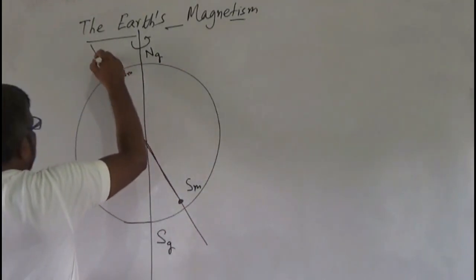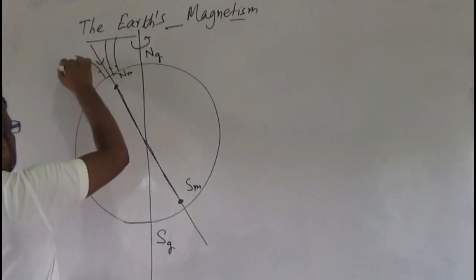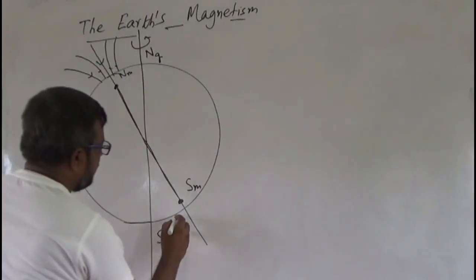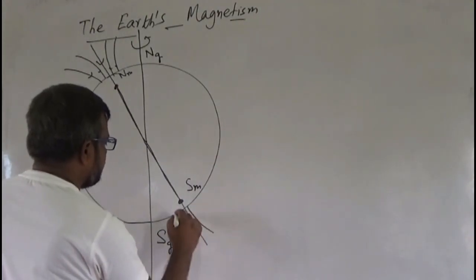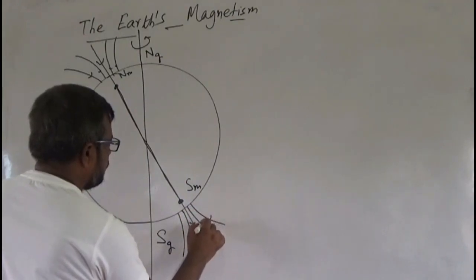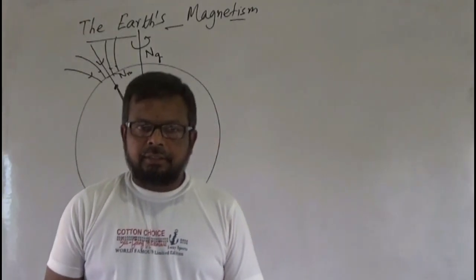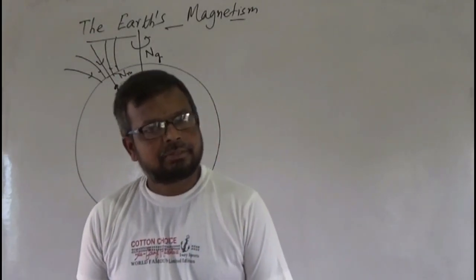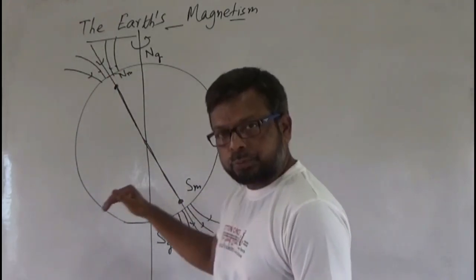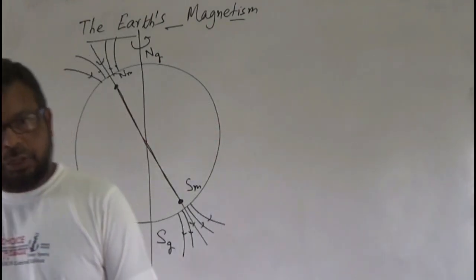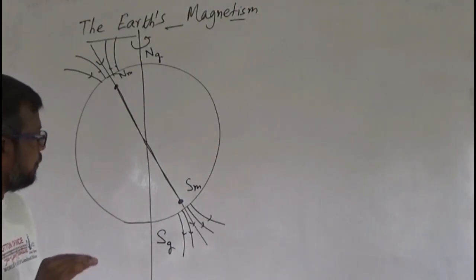That means magnetic field lines are like this, entering and leaving in this position. But our previous conception was that magnetic field lines leave from the north pole and enter at the south pole. Right? This was our previous conception.